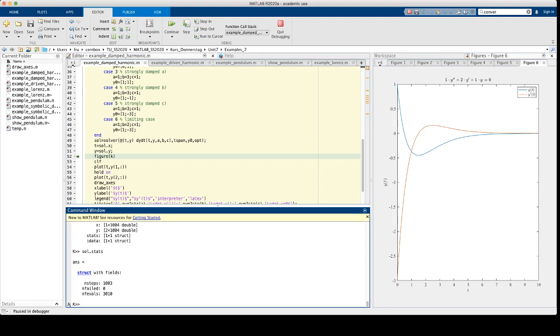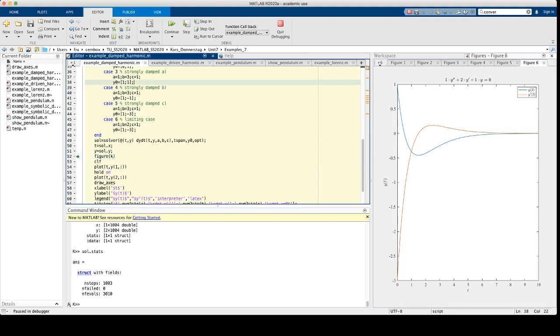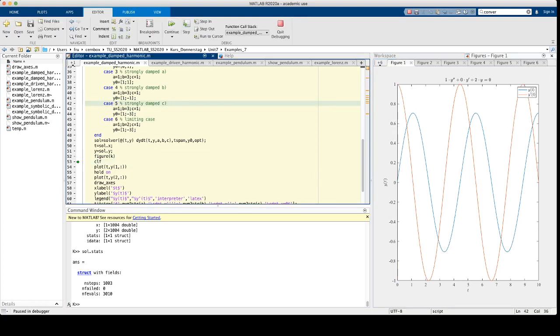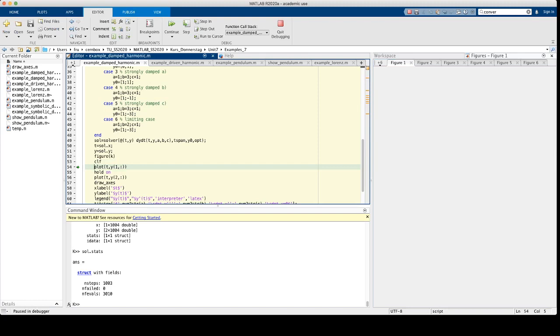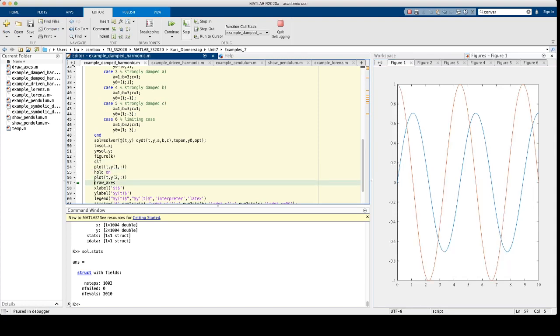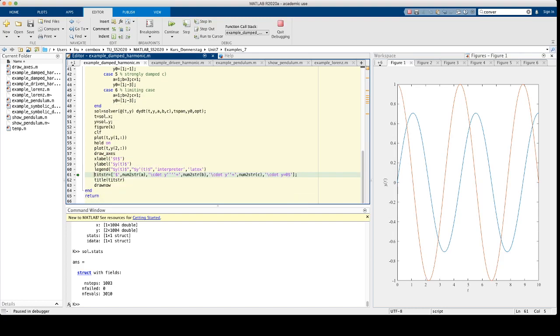Now we can have a graphical representation of the solution. So we first plot the solution y, then we plot y prime, the velocity, and we put some labels, a legend, and the title string.